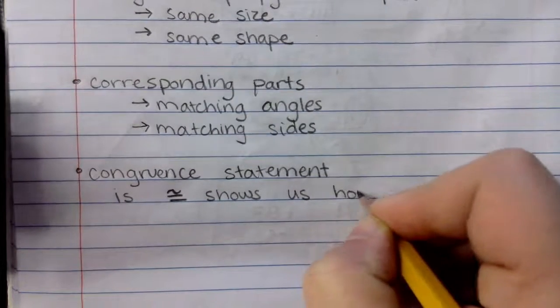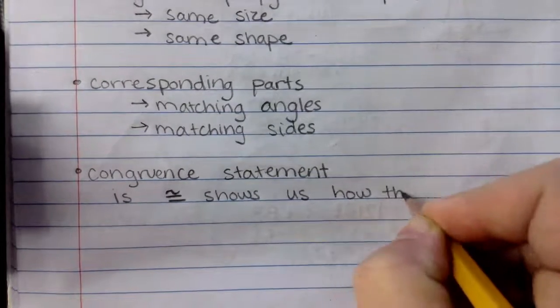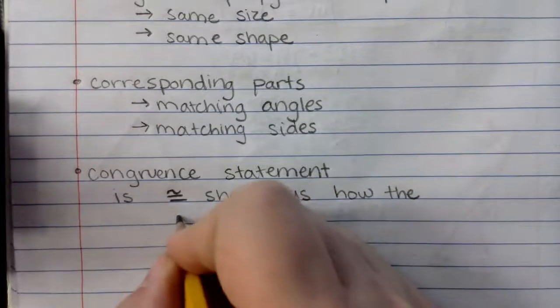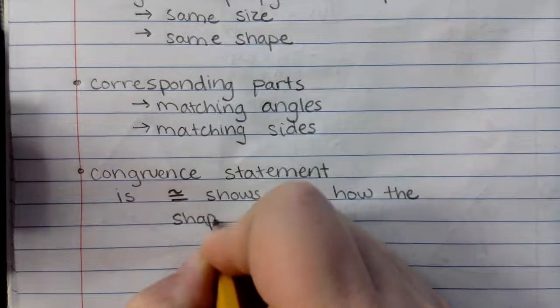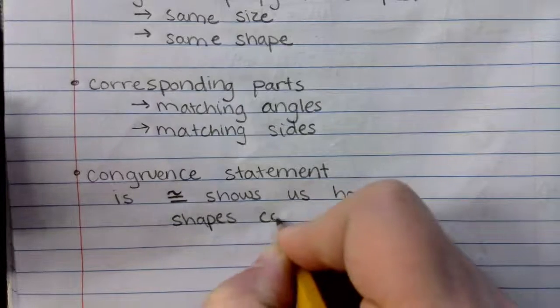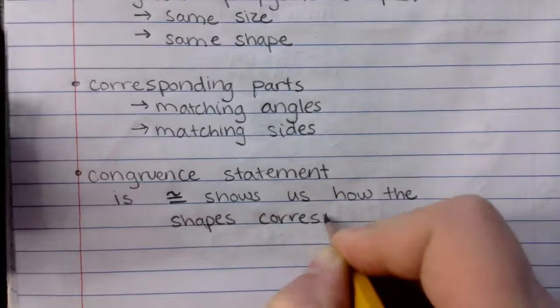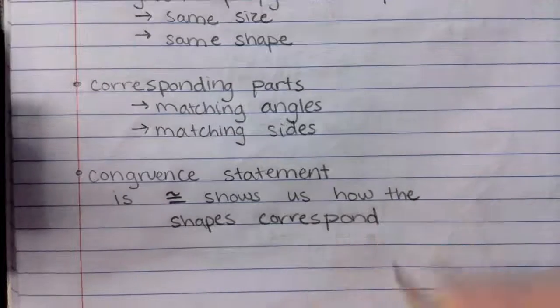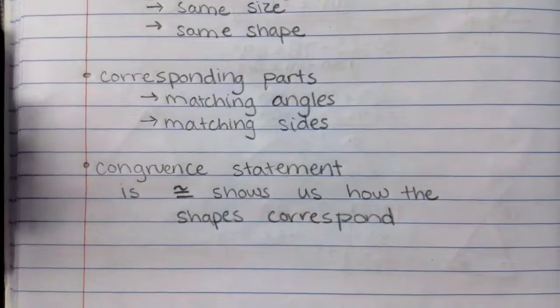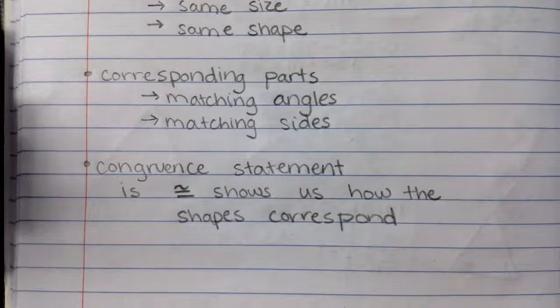We'll talk more about that. But it's really important that when we read it, it'll tell us which parts go with what in that congruent statement. Or when we write a congruent statement, we're telling the reader how those two shapes work, what matches with what.